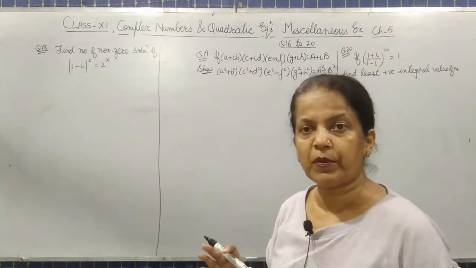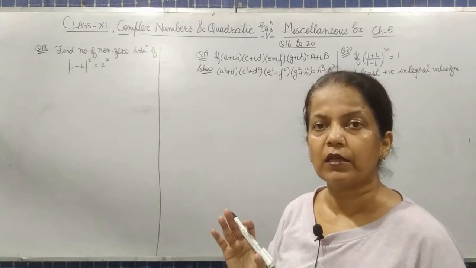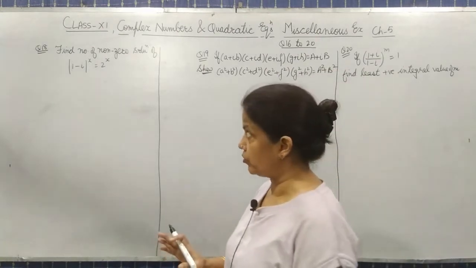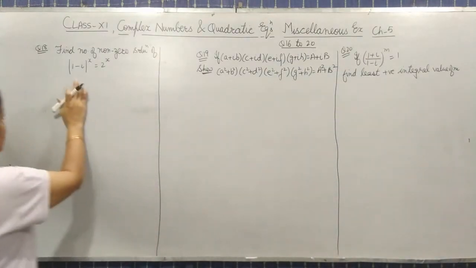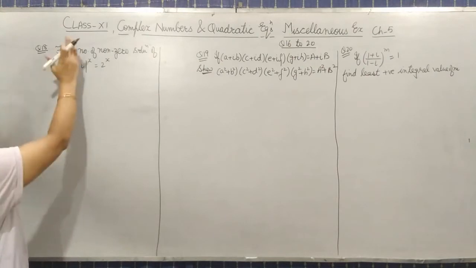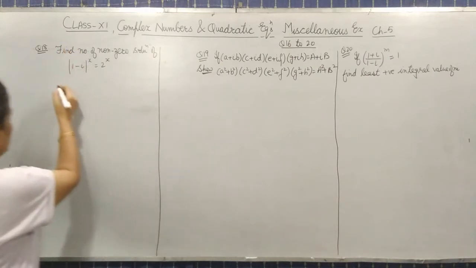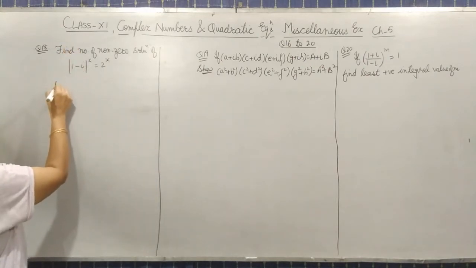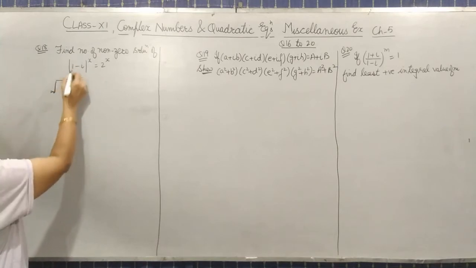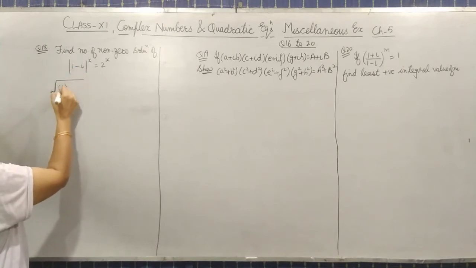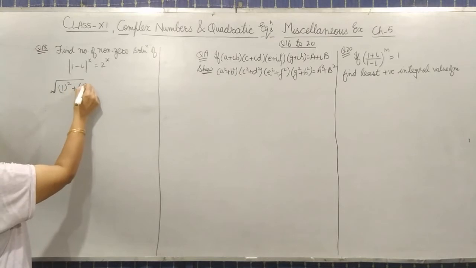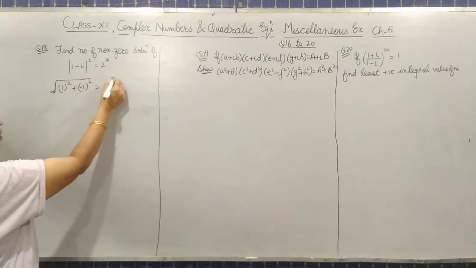Except the zero solution, we count the rest. Now come to the question. The absolute value is given, so we can write it by taking the real square plus imaginary square. Like this we can write it.